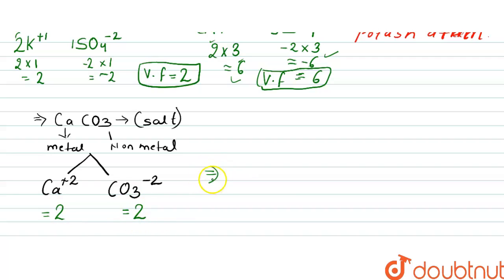If we talk about the complete valence factor for calcium carbonate, it will be equal to 2, because we know that valence factor for salt is the charge on either cation or anion. It is -2, sorry. So this is our answer.